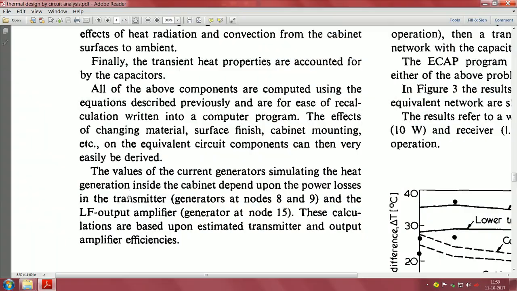So I will notice here the power losses in the transmitter section and the LF audio output amplifier. These calculations are based upon transmitter and output amplifier inefficiencies.